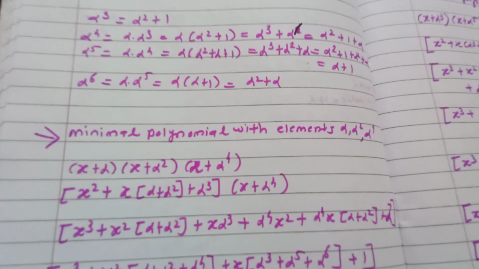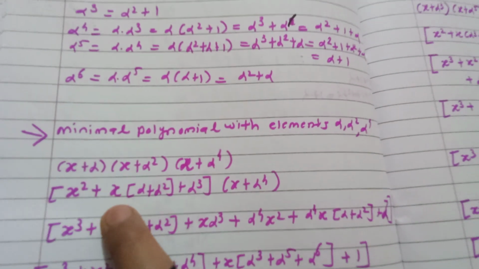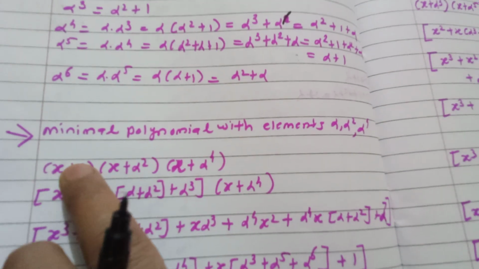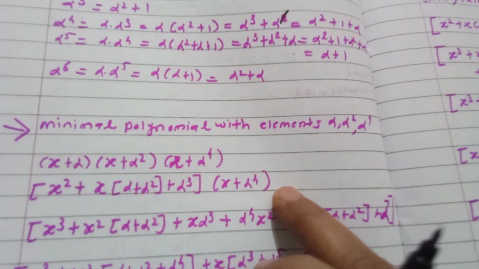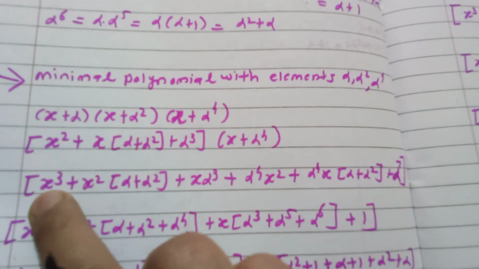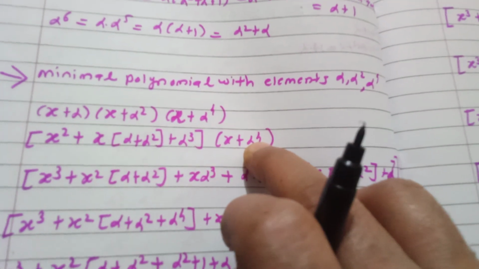First do this multiplication. That is equal to x square plus x alpha plus alpha square plus alpha raised to 3, x plus alpha raised to 4. Next, multiply this x with all these terms, that is equal to x cube plus x square alpha cube. Next, multiply with this alpha raised to 4.